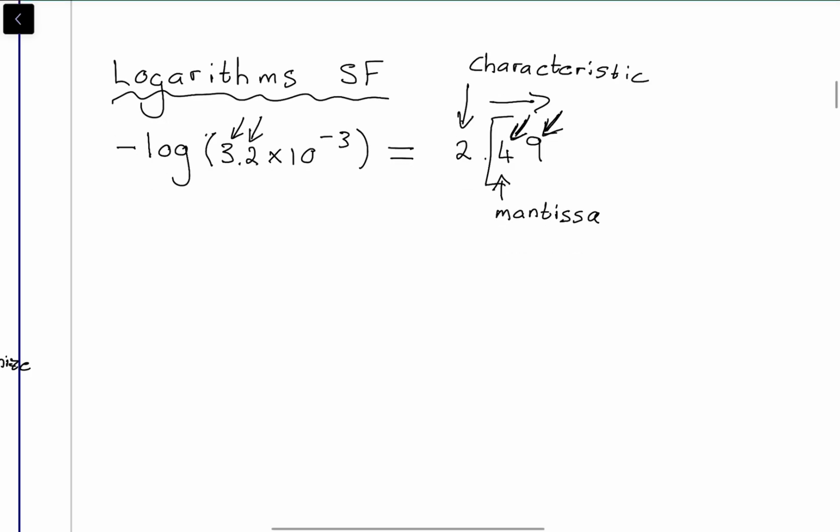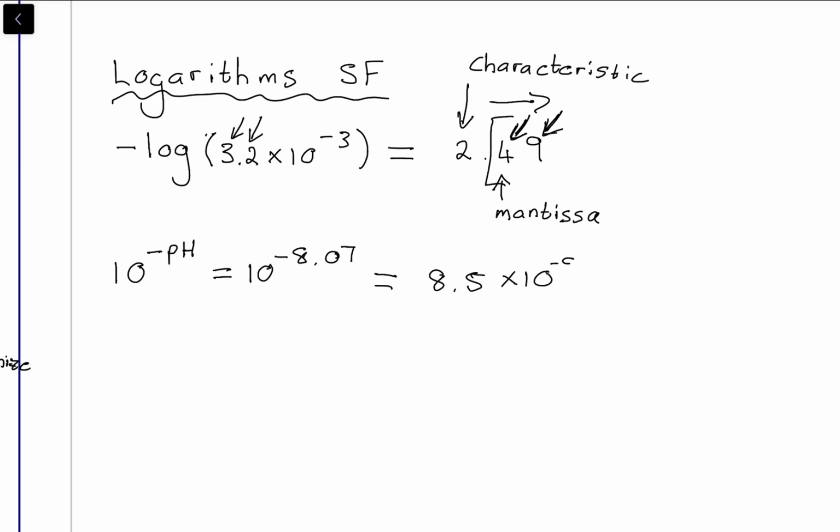So in a similar fashion, for B, you notice how we went 10 to the power minus pH, and then we said 10 to the minus 8.07, and then we gave an answer as 8.5 times 10 to the negative 9. Why? Because it's technically a pH. So how many significant figures is that pH given as? It's not 3 because the 8 does not count. It's the 0 and the 7. So that means the answer will be rounded to 8.5, which is 2.